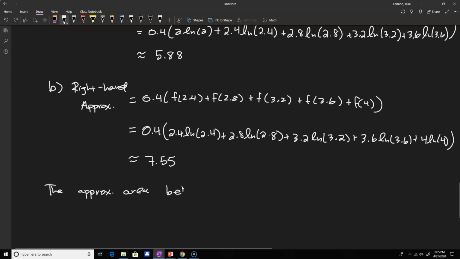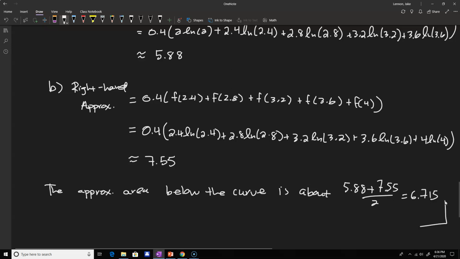So the approximate area below the curve is about, let's say, 5.88 plus 7.55 over 2, which is 6.715.